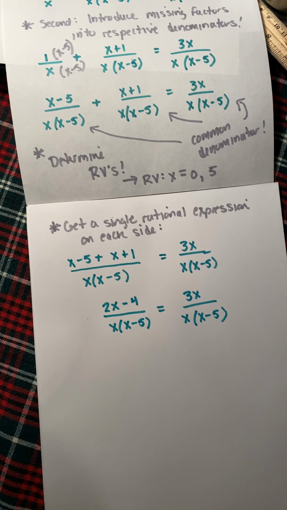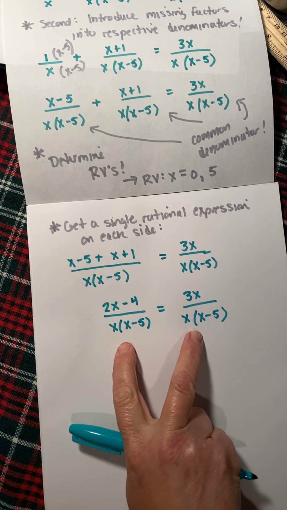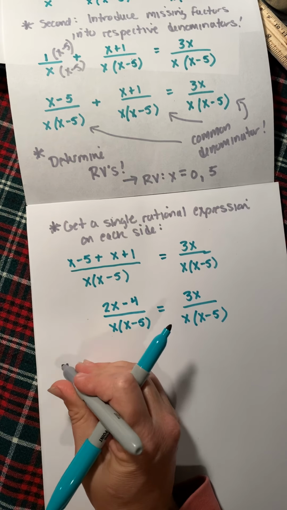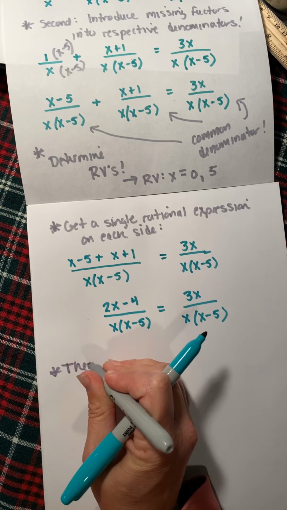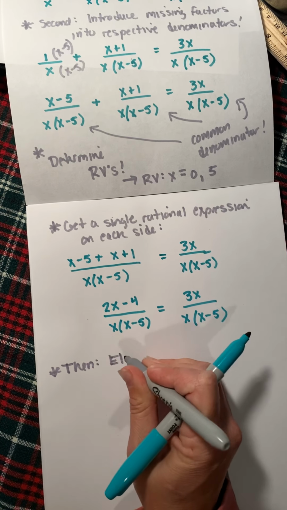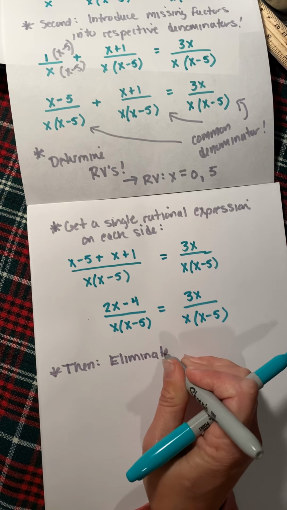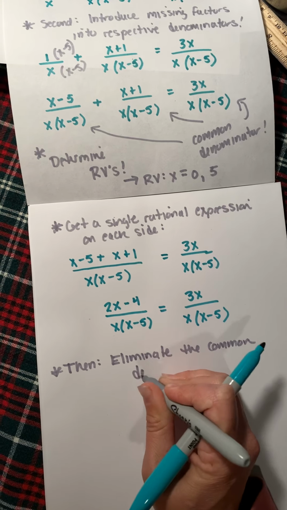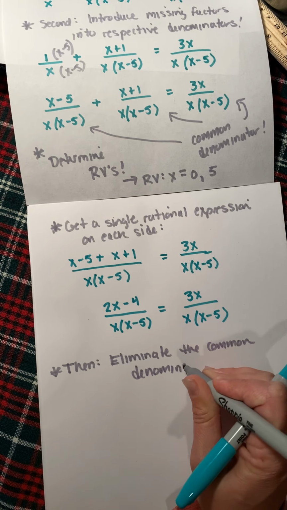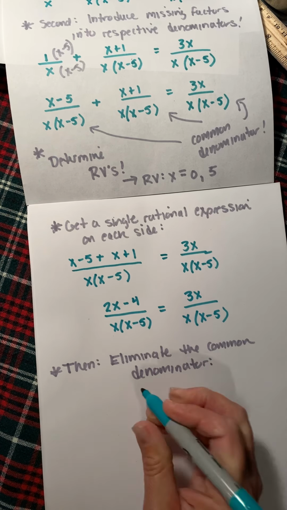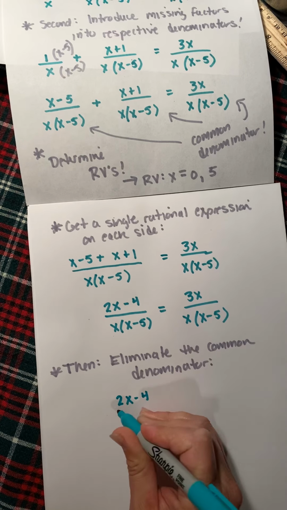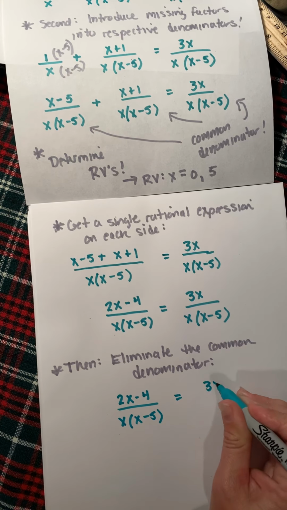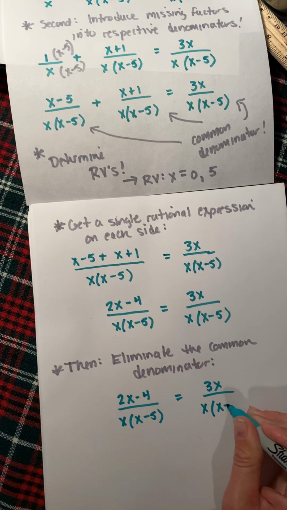All right, once we're at this point where we have a single rational expression with a common denominator on both sides, let's eliminate the common denominator. So we have 2x minus 4 over x times x minus 5 equals 3x over x times x minus 5.